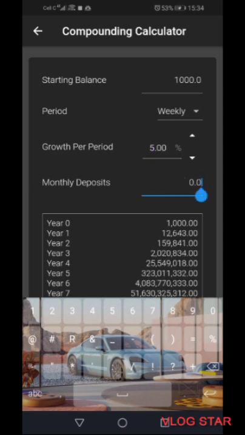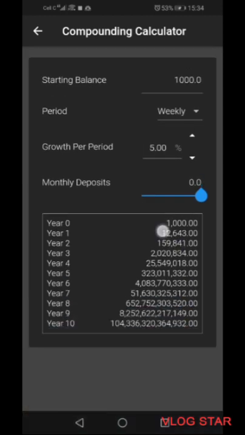By the end of year one, you can see, there we go, you can make up to $12,000, plus or minus, if you're consistent. If you make 5% of your account every week on $1,000, you can get to 12. So if you use 1,000 rand and you make 5% of 1,000 rand, which is 50 rand, if you make 50 rand every week, not every day, every week, by the end of the year, 12,000, and so forth.